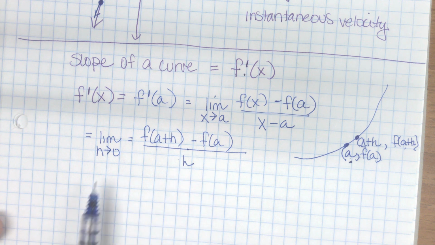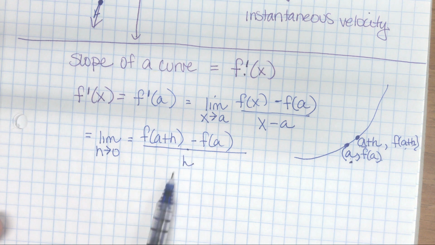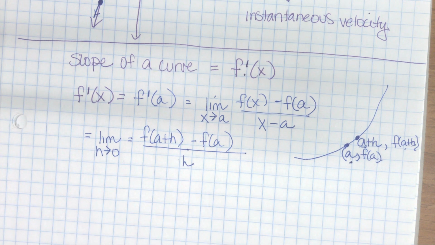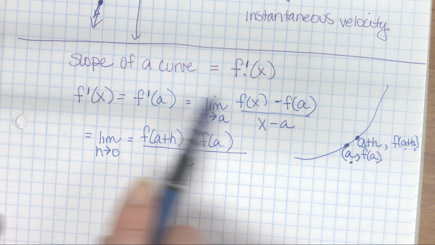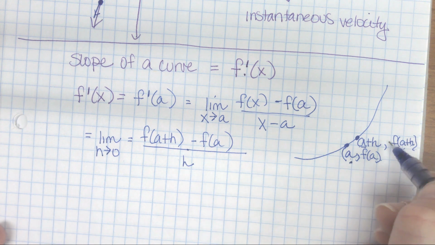If I put 0 on the bottom, I get 0 over 0, but what are we going to be able to do? We're going to be able to find the slopes of tangent lines, because this formula is going to allow us to use some of those techniques that we talked about earlier. Are you ready to do some math?